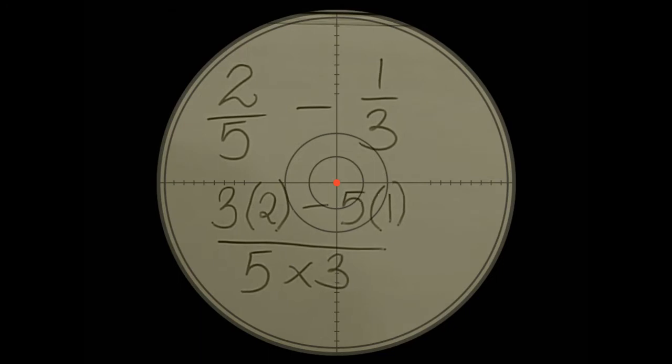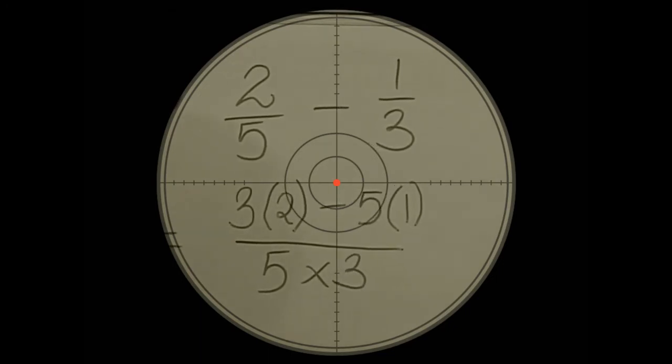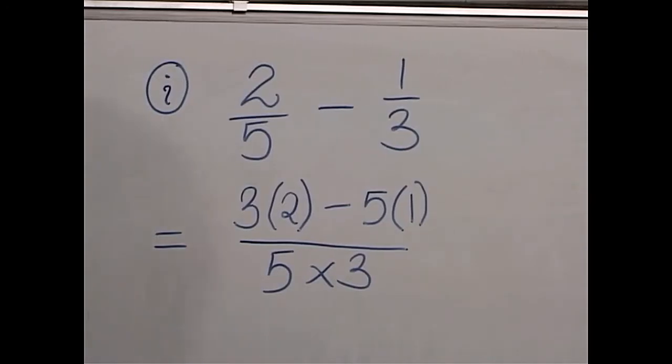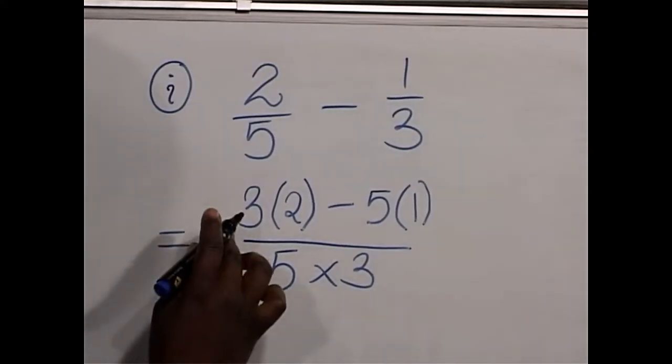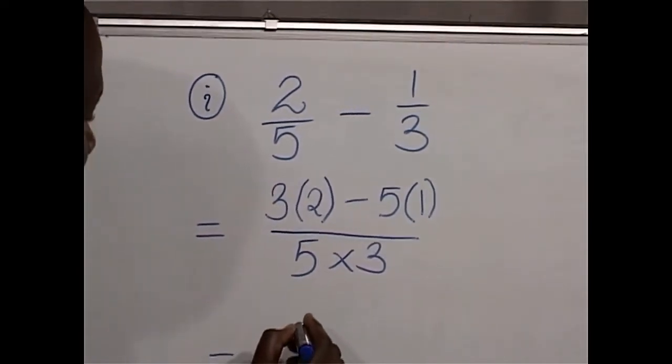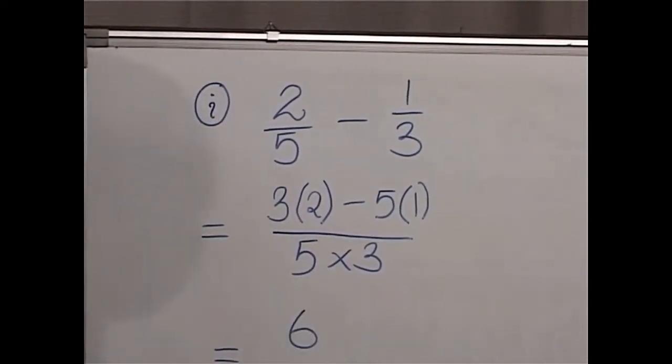Then after this has been done, it will be a question of simplifying the expression. And we know that 3 multiplied by 2 will give us 6.